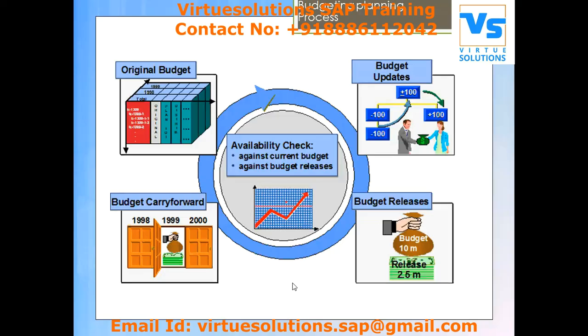The moment I release that budget, the system will allow me to start execution of the project so that I can book timesheets, or any procurement relevant activities, licenses or services, or any general voucher if I want to post. These are the different day to day business activities that we can perform.